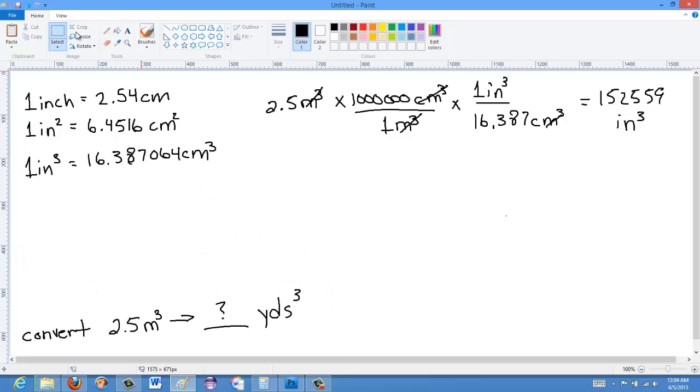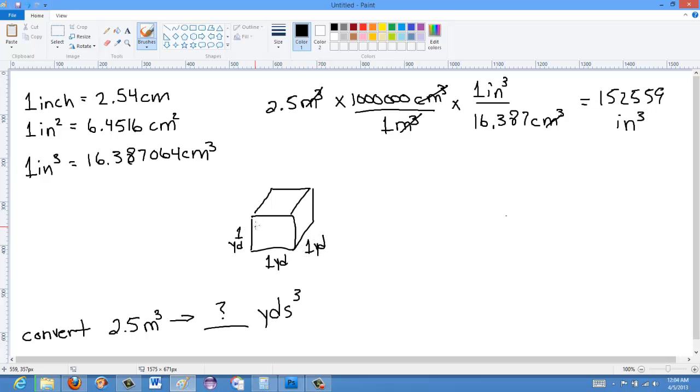I would just start again, and I just say, okay, let's take a unit cube. What's the rate of conversion for a cubic yard to inches? Well, I'd have 1 yard, 1 yard, and 1 yard on the 3 dimensions.